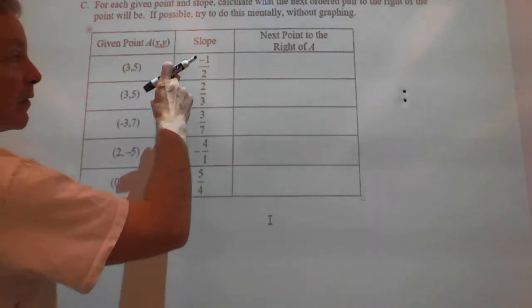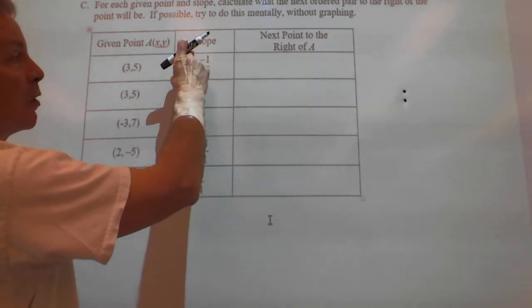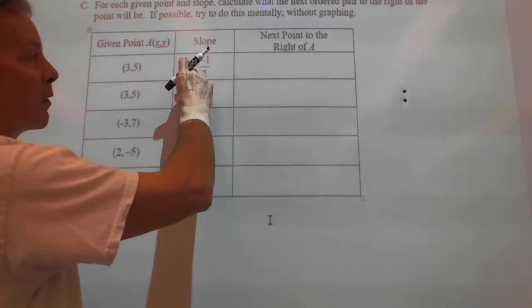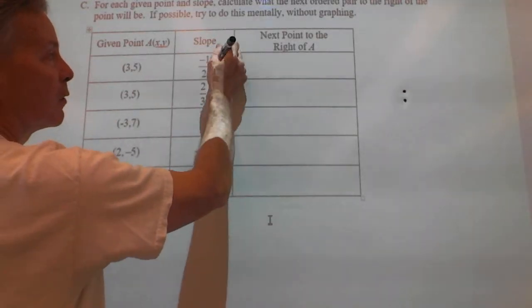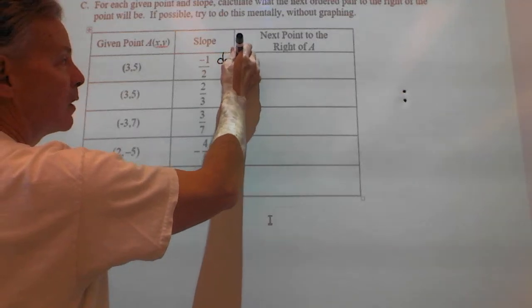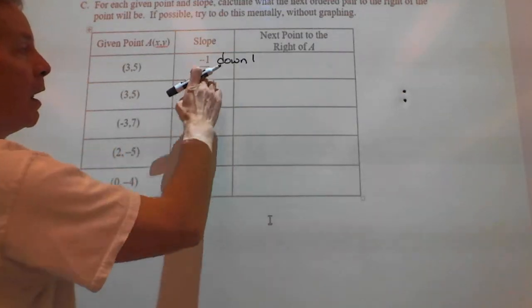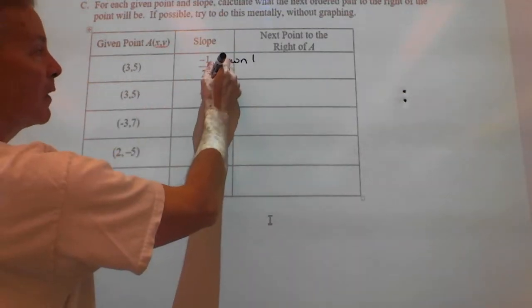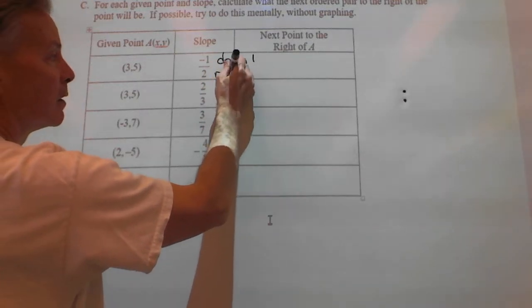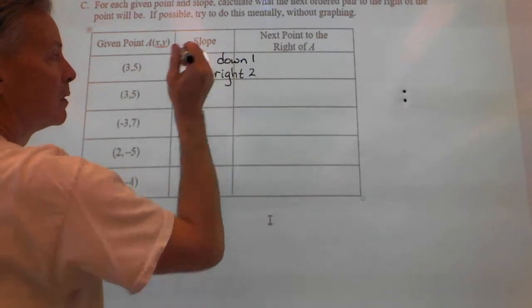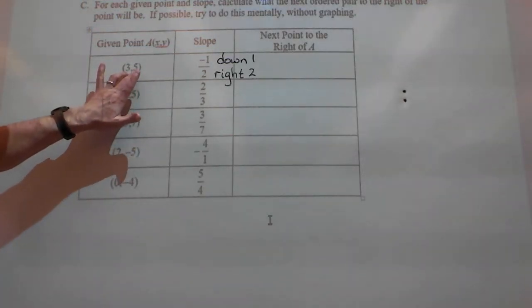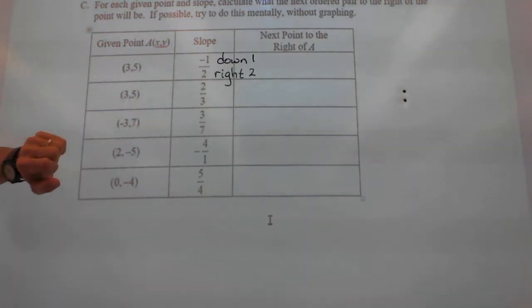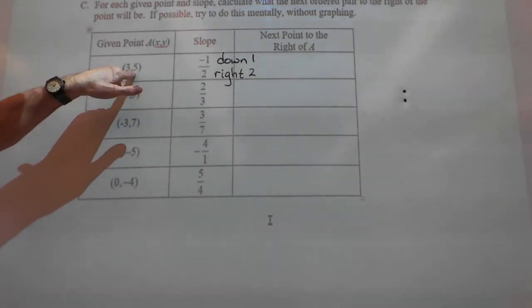So for instance, for this one, where we have a slope of -1 over +2, that means our rise is -1, so we have to go down 1. Our run is +2, so that means we're going to go right 2.